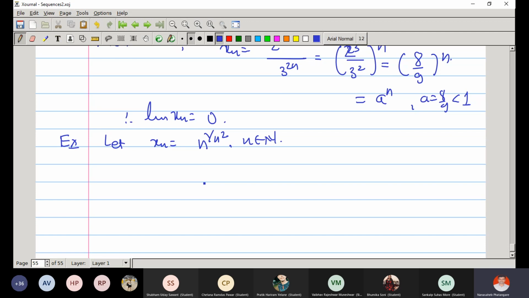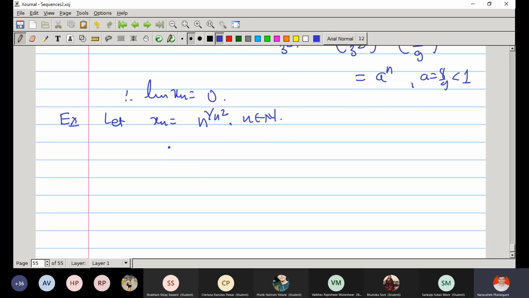How will you check the limit of the sequence? What is the first observation? My first observation is n raised to 1 by n square is greater than or equal to 1 for all n. Is it true? Yes, sir.